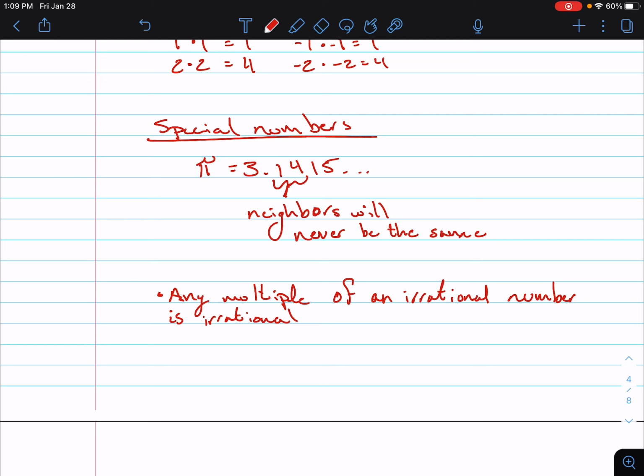So say we have 2 root 3. So we have 2 times root 3. Because root 3 is irrational, 2 root 3 is also irrational. Or maybe we have something like pi over 2, because pi over 2 equals 1/2 times pi, and pi is irrational. Pi over 2 is also irrational.